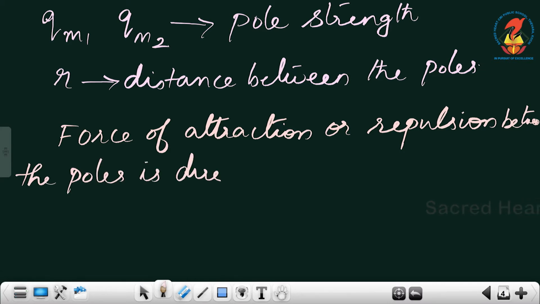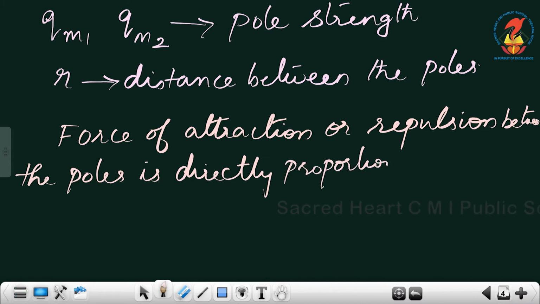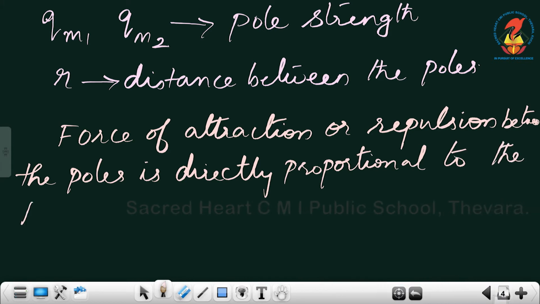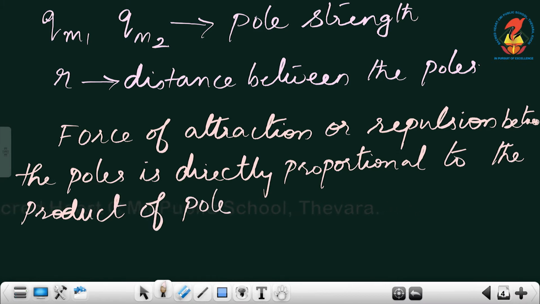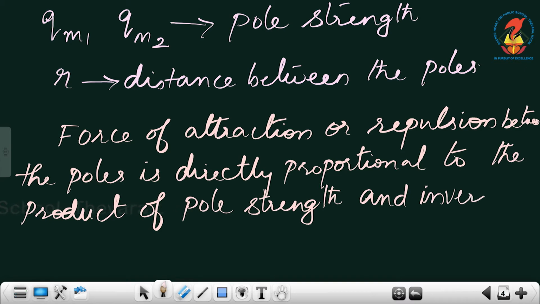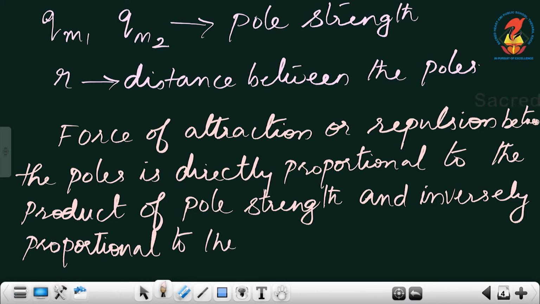is directly proportional to the product of pole strength and inversely proportional to the square of distance between them.